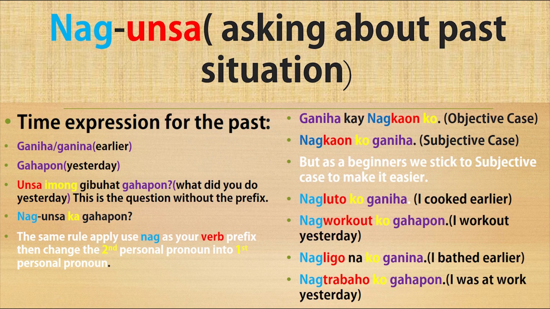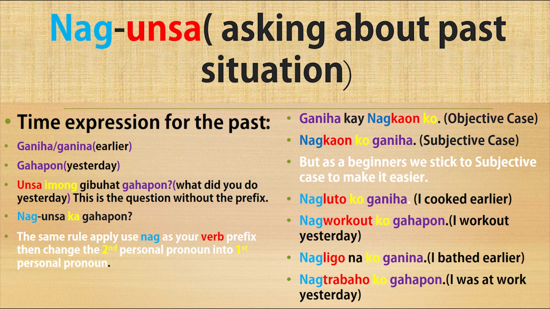Here we also have unsa imong gibuhat gahapon. What did you do yesterday? This is the question without the prefix, and the same principle applies: imong, the possessive adjective, is used, not the second person pronoun ka. Here we have the nag. We use the prefix: nagunsa ka gahapon.